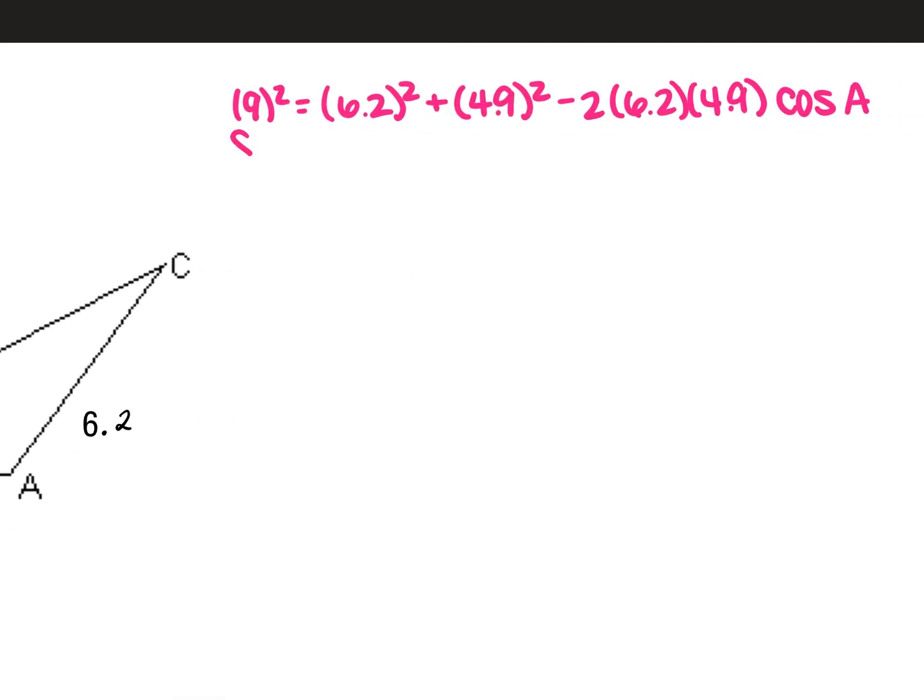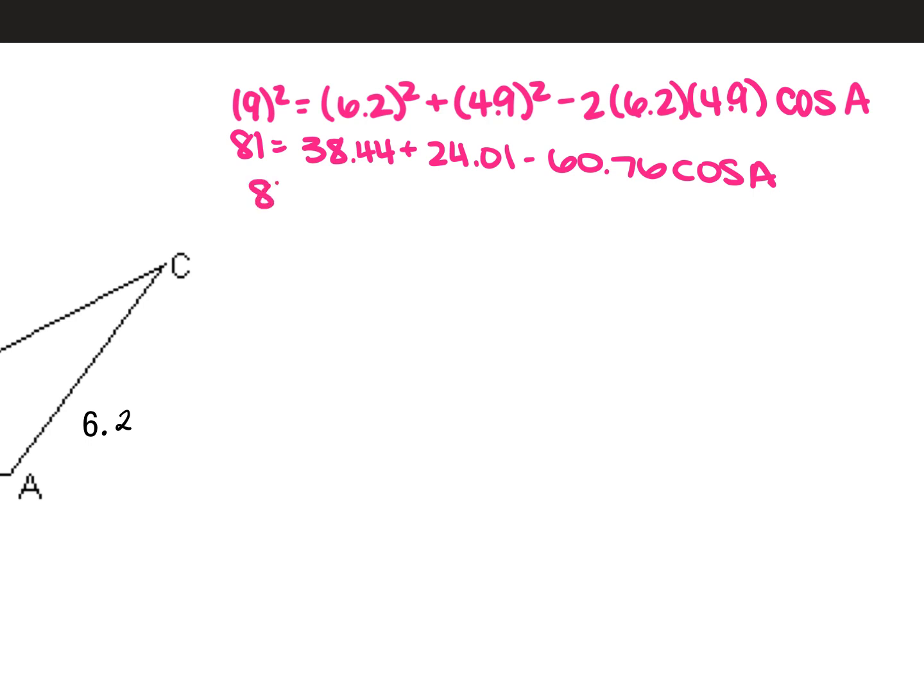That 9 squared is 81. The 6.2 squared is 38.44. The 4.9 squared is 24.01. The negative 2 times 6.2 times 4.9 gives us negative 60.76 cosine A. So from here we can add the 38.44 and the 24.01.